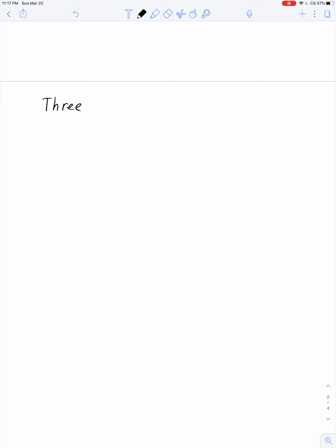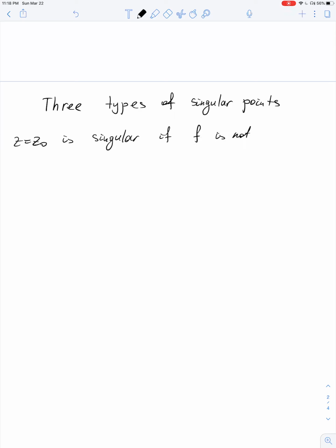Anyway, we will now discuss three types of what's called singular points. So what's a singular point? z equal to z0 is singular if f is not analytic at z0 but analytic in, and I'm tired of writing formulas, so I'll just draw a picture.